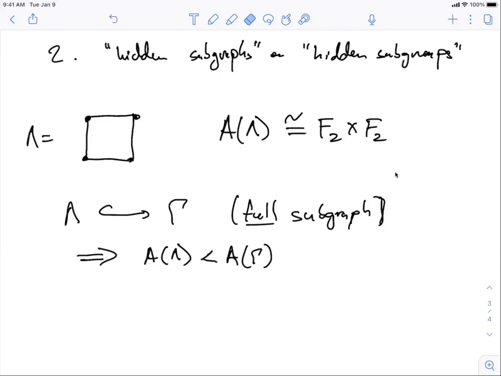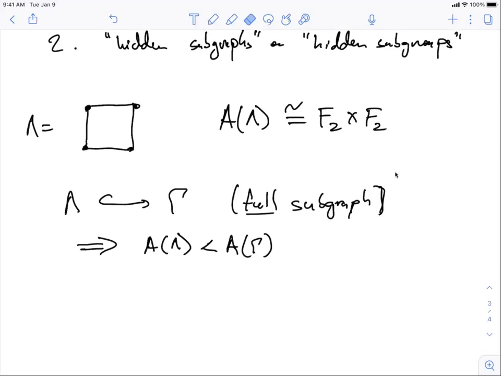So if you see a square inside of gamma, then you will have a copy of F2 cross F2 as a subgroup of A of gamma. On the other hand, one can consider whether having a copy of a direct product of 2 free groups inside of the right-angled Artin group forces there to be a square inside. That is much trickier than this observation about full subgraphs inducing inclusions.